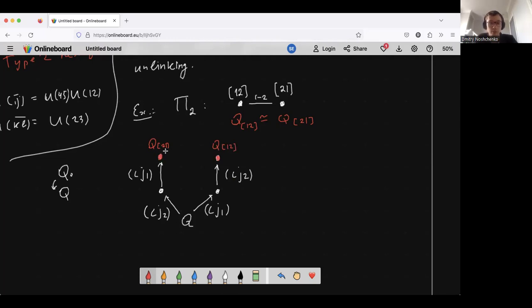Now we say that these two quivers form the permutohedron of order 2, and this dashed line denotes that this is a permutation. Maybe I need to put the same dashed line here, and this red, just to distinguish these two types of diagrams: dashed for permutation. And we, of course, know that these two are equivalent, simply because we started off from the same quiver and just unlinked it. All quivers in this diagram are equivalent, but we also know that we can connect them by applying unlinking once more.